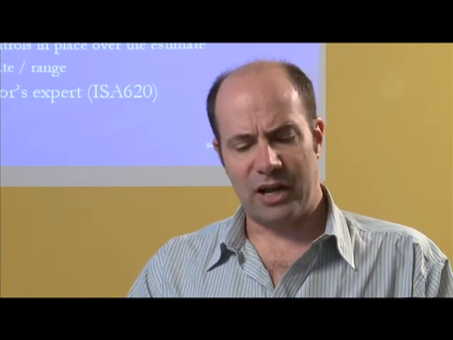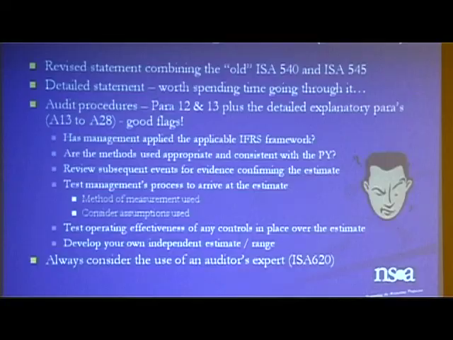Any fair value adjustment is an accounting estimate. So where you're providing for stock obsolescence, where you're providing for PPE impairments, PPE revaluations, even the residual value determination is an accounting estimate. So you've got a fair amount there of opportunities to consider then bringing in the use of an expert and all the related procedures that go with the reliance on an auditor's expert.